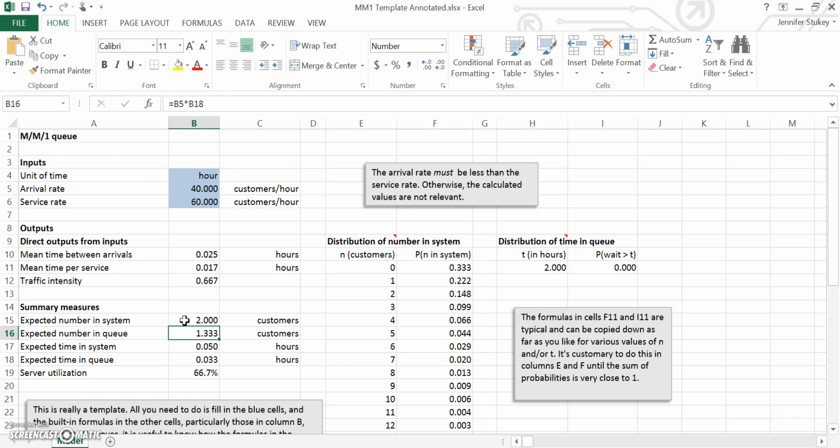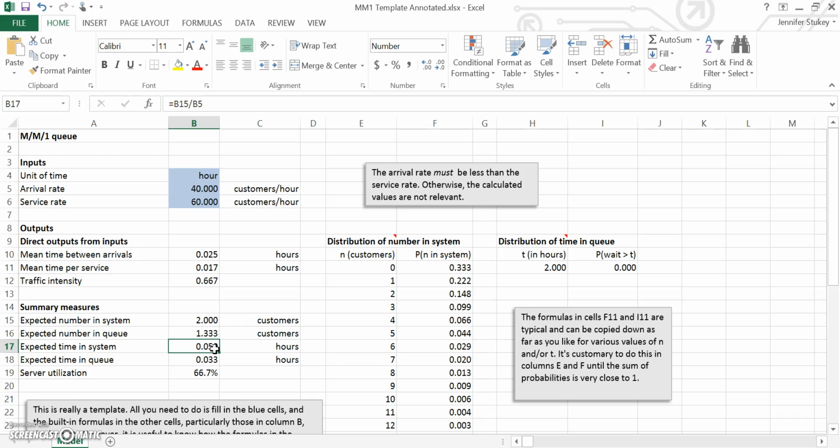We would expect 1.33 to be in the queue. So these are not people who are being served, they are waiting for service. Okay, so the other 0.67, the other 2/3, would be actually being served. The expected time in service equates to 5/100ths of an hour.